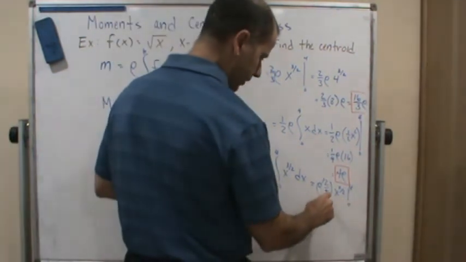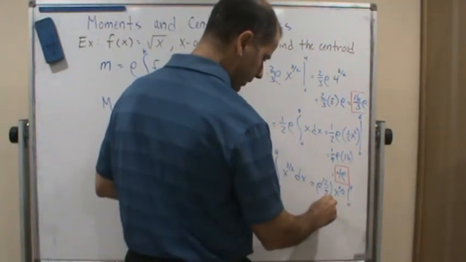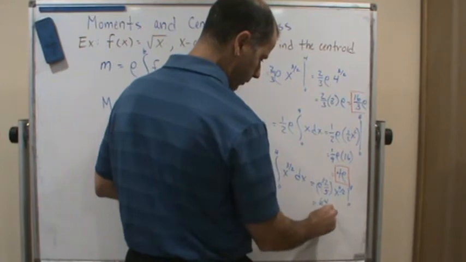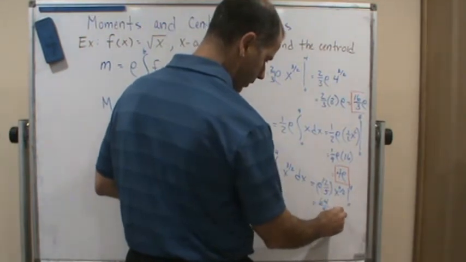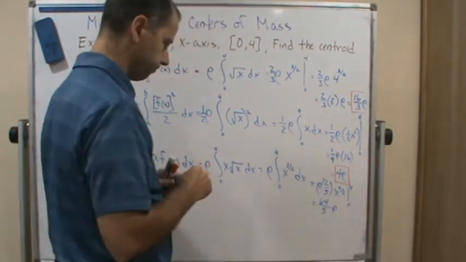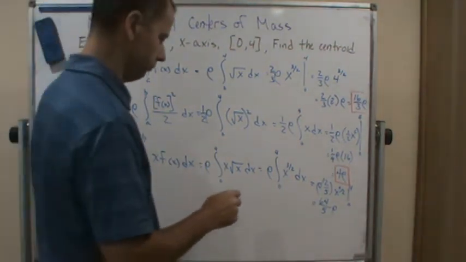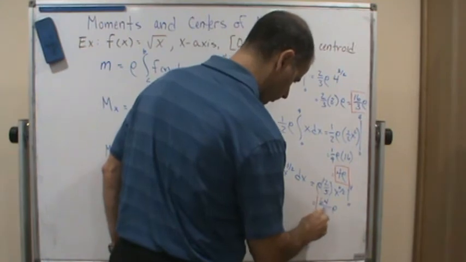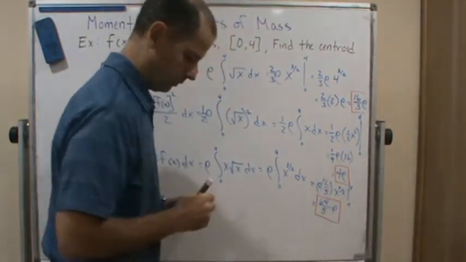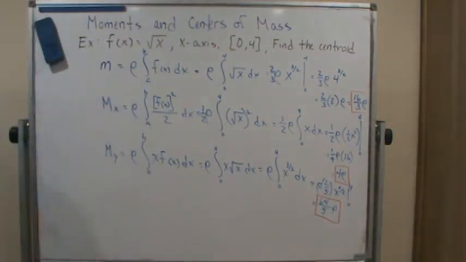Okay, so this gives me 64 over 5 times rho. Okay, so those are the pieces that I need.